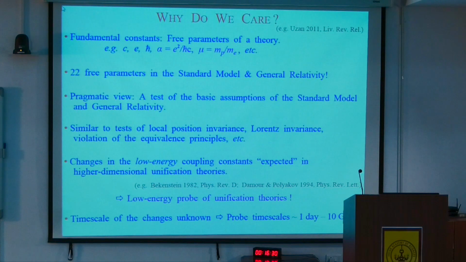So a pragmatic view for tests of changes in the fundamental constants is that it's simply a test of the basic assumptions of the standard model and relativity. You're just testing the assumptions of your favorite theory. And these are similar, for example, to tests of local position invariance, Lorentz invariance, violation of the equivalence principle. All of these are assumptions built into these theoretical models, and you test them.